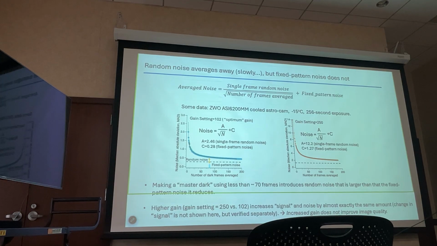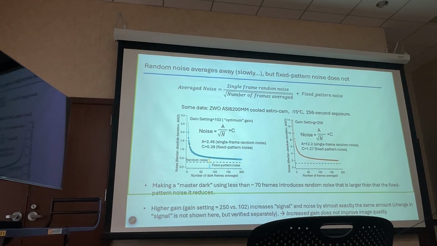And when stars are saturated, you lose the color. Everything's white. Red, green, and blue, they're all at max. So stars are white, even if they're not really white. So the point here is going to higher gain does not gain you anything, okay?